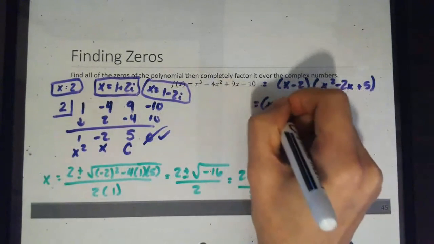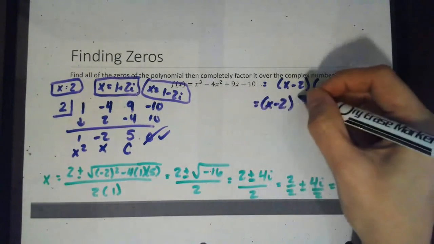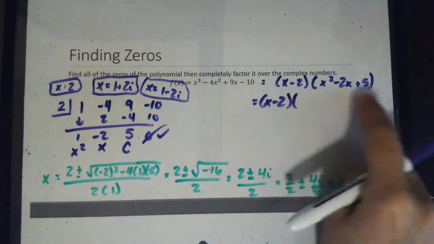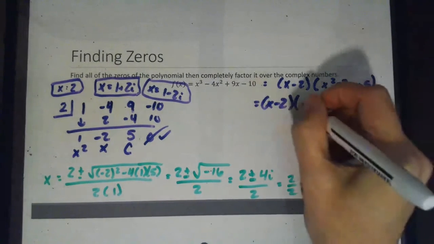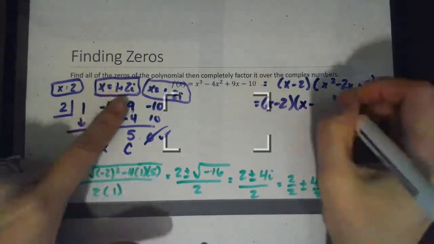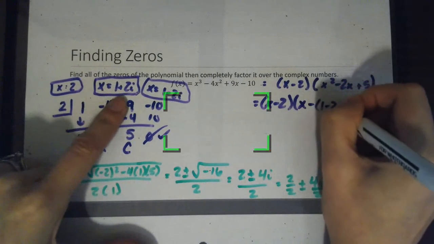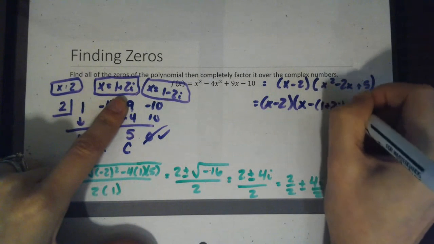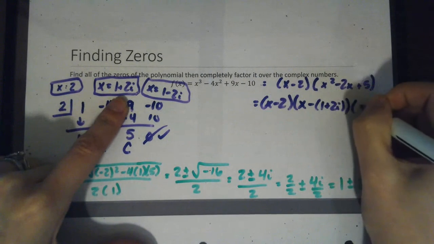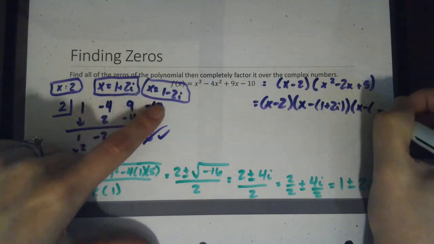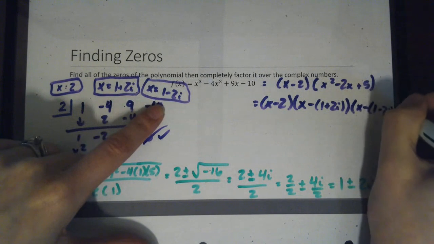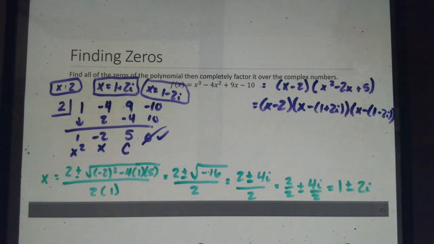So we already know we have the x minus 2. Now we can factor the x squared minus 2x plus 5 because we're going to have x minus (1 plus 2i) and x minus (1 minus 2i). You'll notice I put my complex numbers in parentheses because we're subtracting the whole thing.